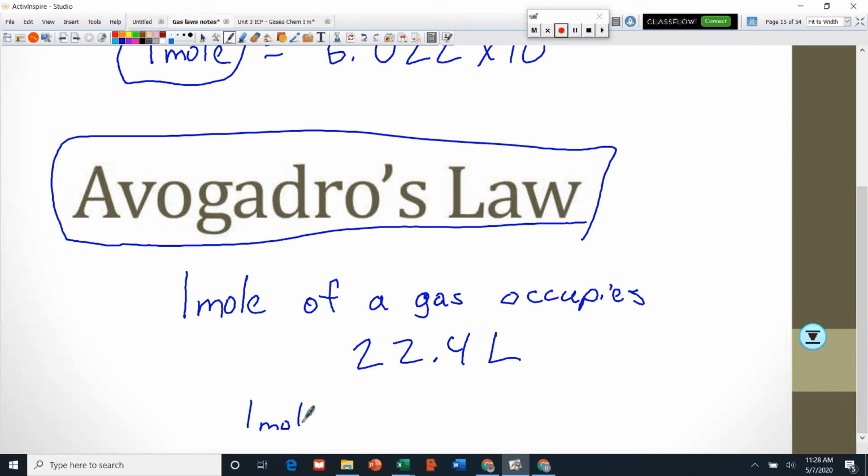So 1 mole equals 22.4 liters. Again, I have to stress that this is only for a gas. For a solid, it's going to occupy, for the most part, way less, depending on the density. Solid, liquid, and all of that are much more dense than gases. But 1 mole of a gas, at 1 atm, so 1 atmosphere of pressure, standard pressure, is going to occupy 22.4 liters.